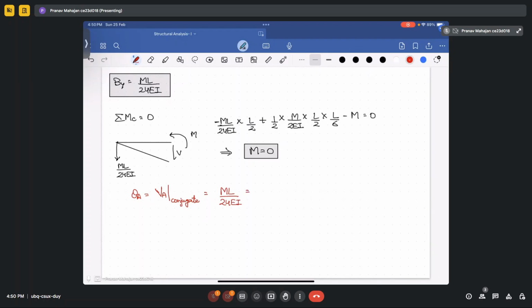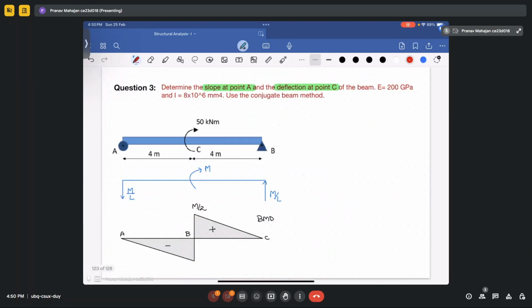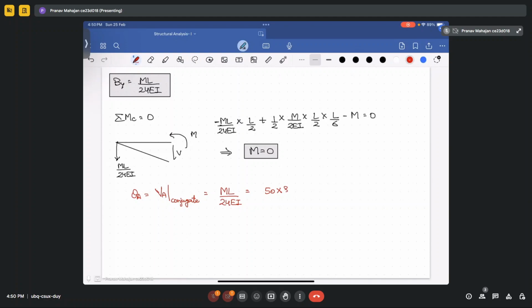Substitute the values. You have M equal to 50. L is given to you as 8, divided by EI value: 24 into E is 200 GPa, and I is given to you as 8 into 10 power 6. So convert them based upon the units available. So you will get theta A equal to 0.01 radians.